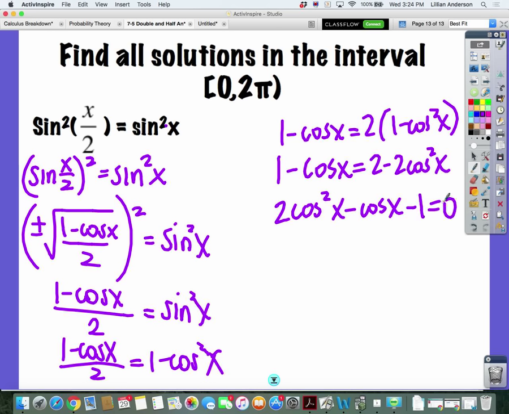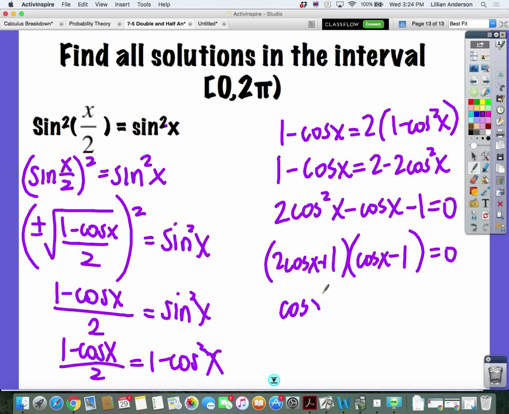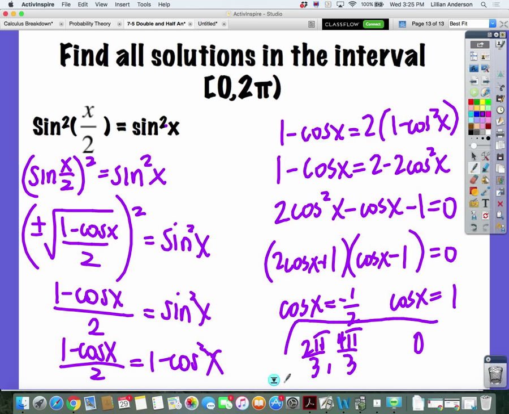And then you have a problem that you can just factor and solve. There are your solutions. Any questions that you guys have, make sure you bring them to class.